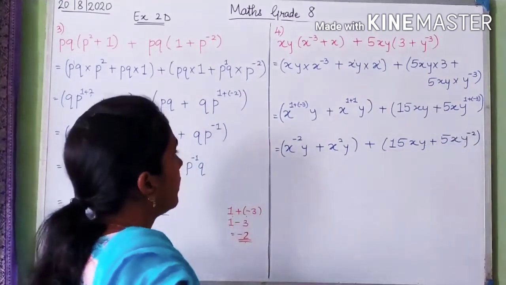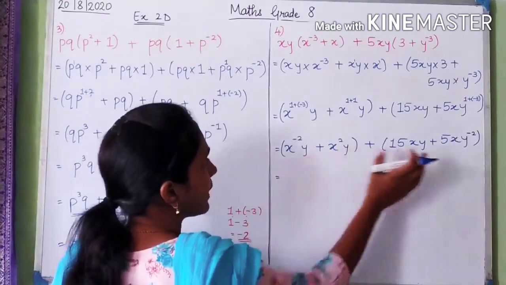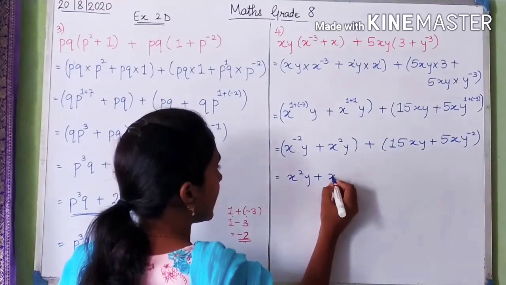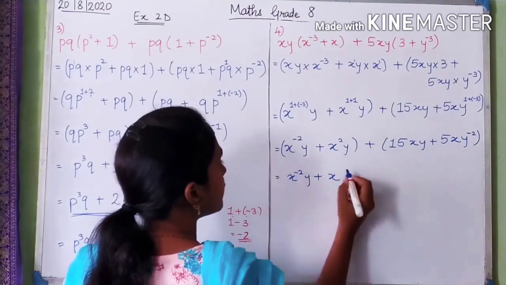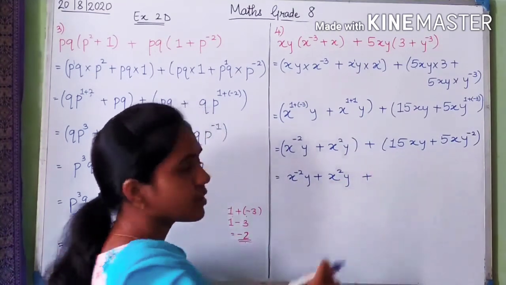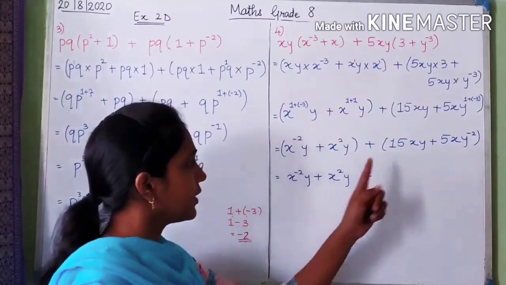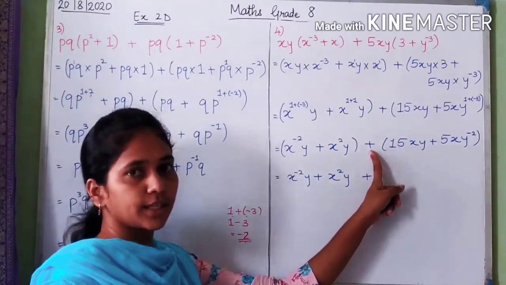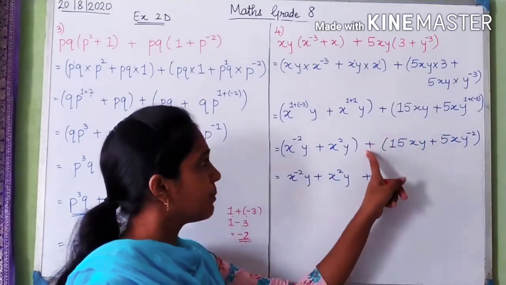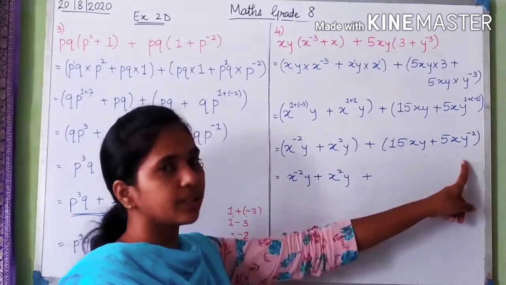Okay. So now I remove these brackets. So x square y plus x raised to minus 2 y plus 15xy plus 5xy raised to minus 2. There's a plus sign, so the signs won't change. See, there's a trick. If there is a minus sign outside the bracket, then the sign of each term will change. But if there is a plus sign outside the bracket, then the signs remain the same.